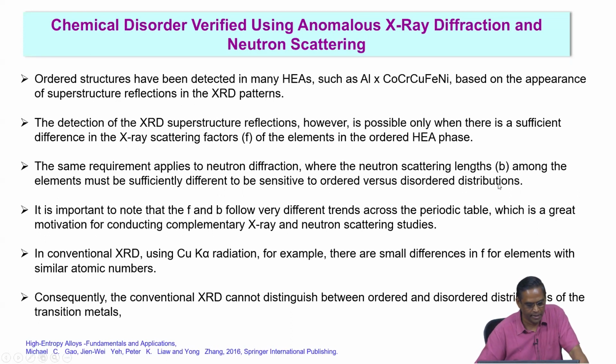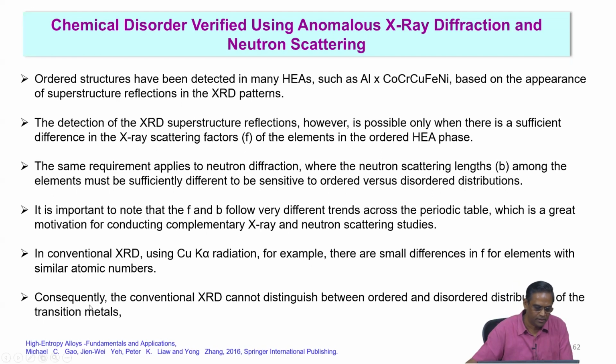It is important to note that F and B follow very different trends across the periodic table, which is a great motivation for conducting complementary X-ray and neutron scattering studies. So, you combine both XRD and neutron scattering because neutron scattering follows a different trend in the periodic table.